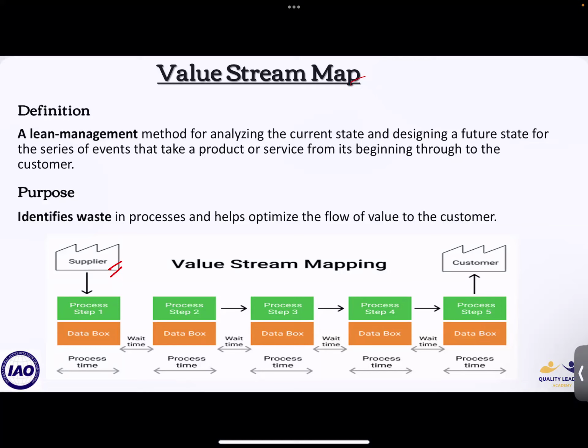The data box at each step provides critical information like cycle times, resource usage, or any other relevant metrics. This data is crucial because it allows us to zero in on where the bottlenecks or inefficiencies might be hiding. On the far right of the map, we see the customer, the ultimate focus of all this effort.